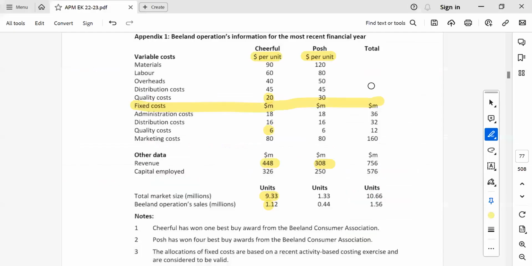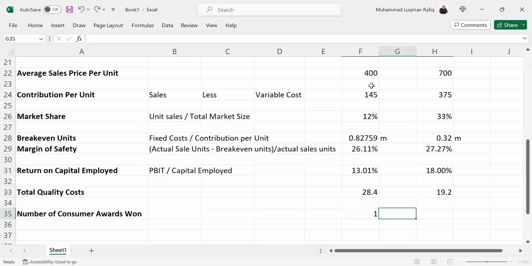And the number of consumer awards won is 1. So basically, this is how we would be doing the whole calculation of the KPIs in this scenario.